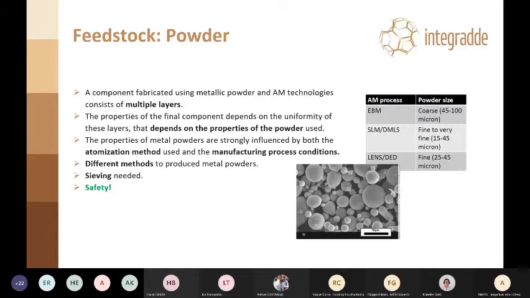That also depends on the properties of the powder we are using. As has been explained in the previous presentation, the properties of these metal powders are strongly influenced by the manufacturing method, usually atomization, and also by the process conditions during LMD.